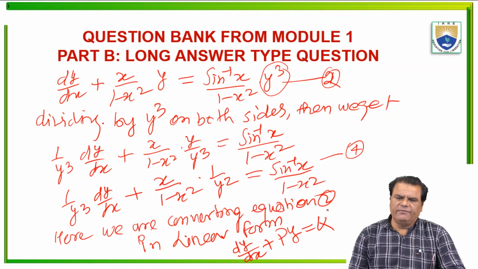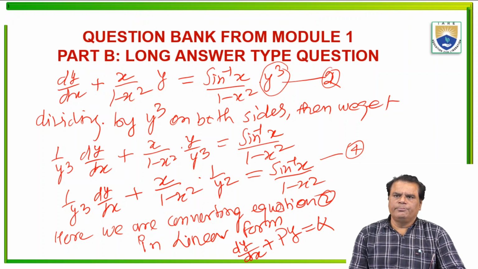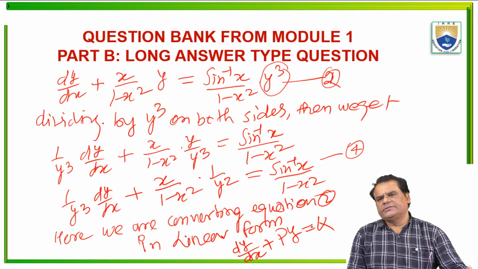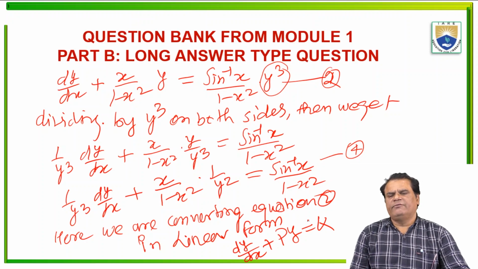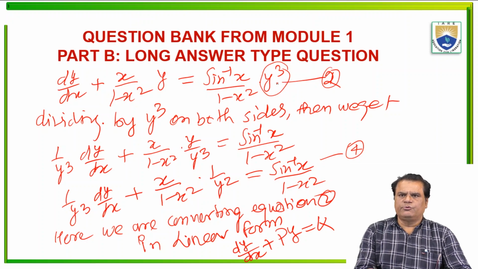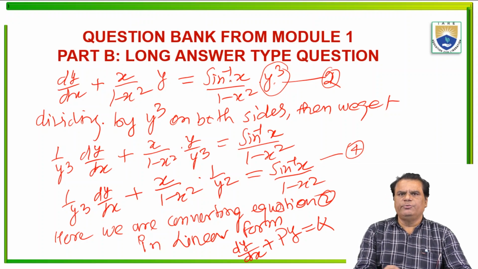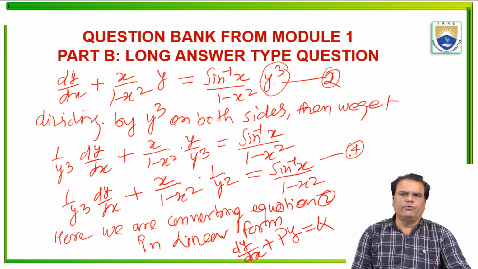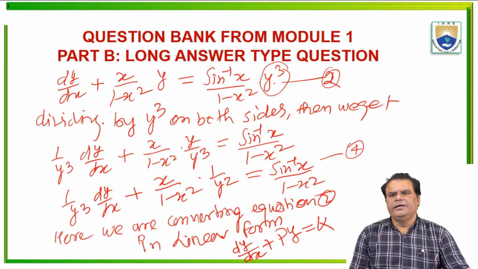This is the formula of linear. Here p and q are functions of x, but the right hand side should not be a function of y. If there is any function of y, then we divide by y. Here in our question there is y cube, so dividing by y cube in each term, we get equation number 4.